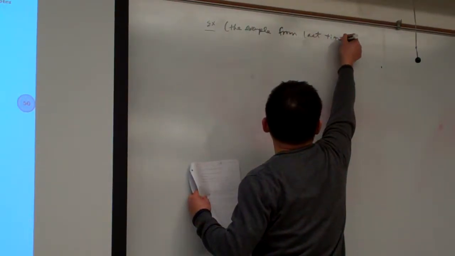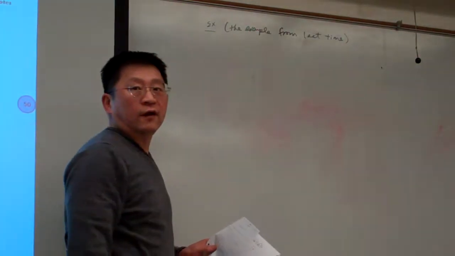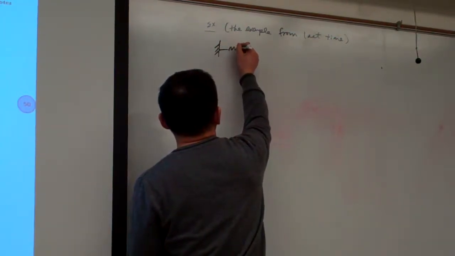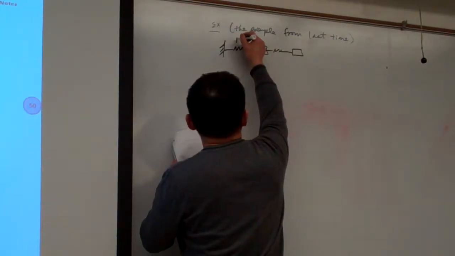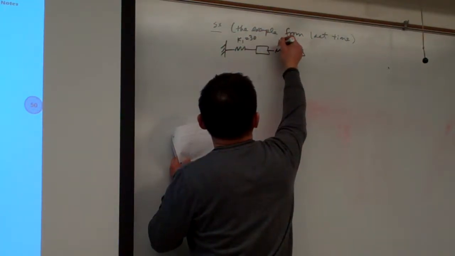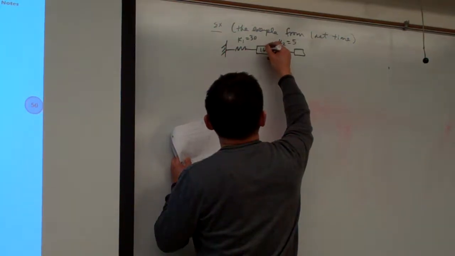If you have that note with you, you don't need to rewrite it and can simply continue from that example here. If you remember, that example is this. K1 equals 30 and K2 equals 5, and this mass is 10, this is 1.